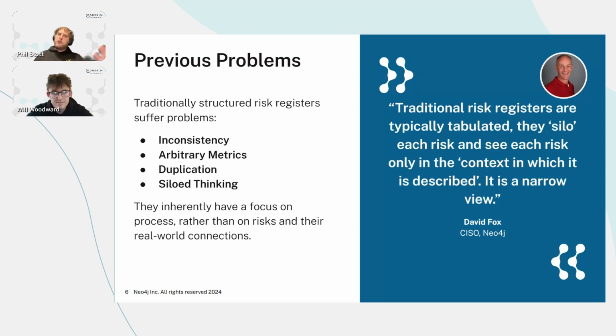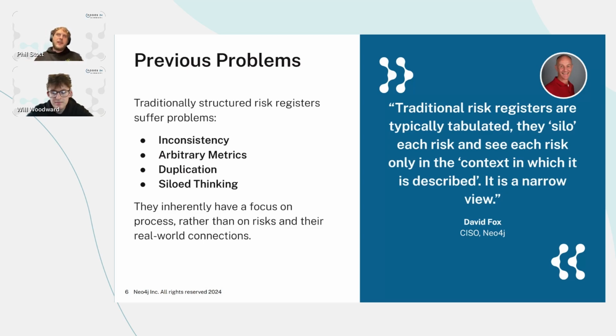If Will and I are risk analysts and we both take a report for, let's say, the risk of theft of a laptop, my laptop could be one report, somebody else's laptop could be another report. But handling risk of theft is handling risk of theft. We don't need a separate mitigation. So again, if this is just rows in a register, then you need to do a lot of manual work.